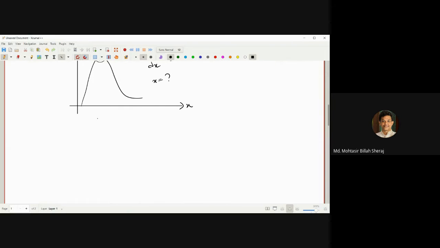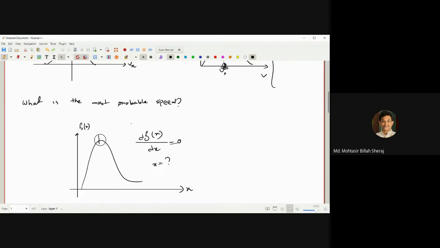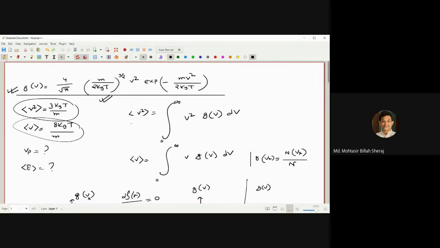But now what we will do, we will calculate this dG(v)/dv, and let's calculate it first.